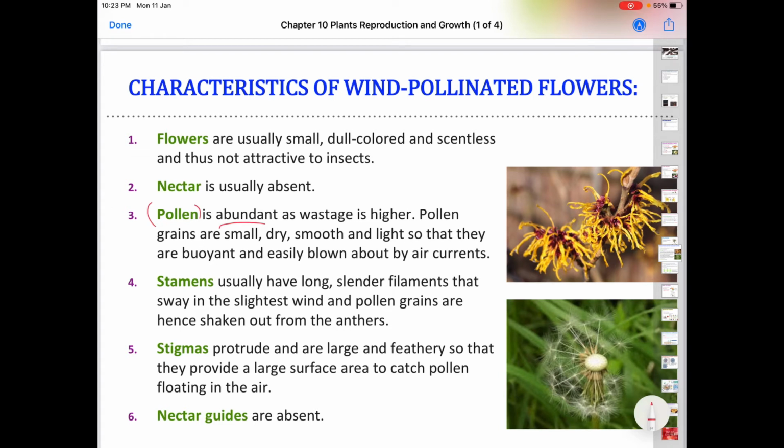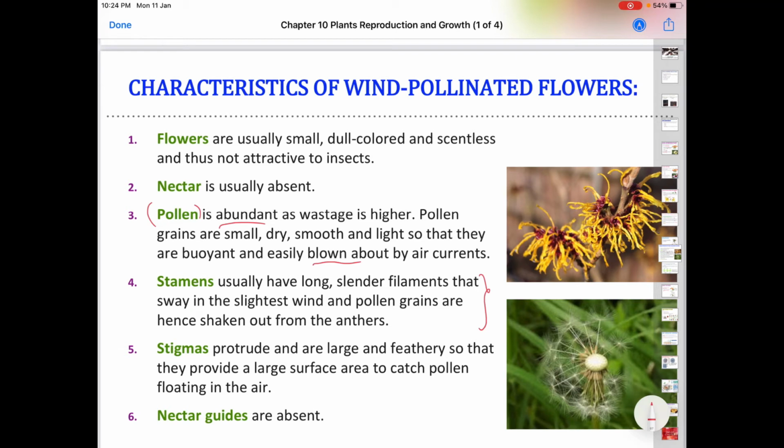Pollen grains are small, dry, smooth and light, so that they are buoyant and easily blown by the wind or air. The stamen usually has long, slender filaments that sway in the slightest wind, and pollen grains are hence shaken out from the anthers, which helps in the pollination process.